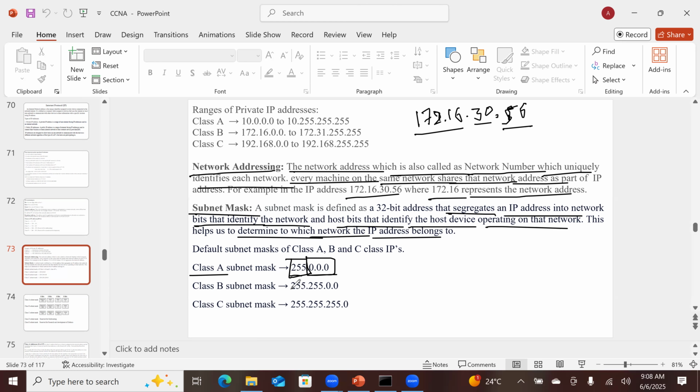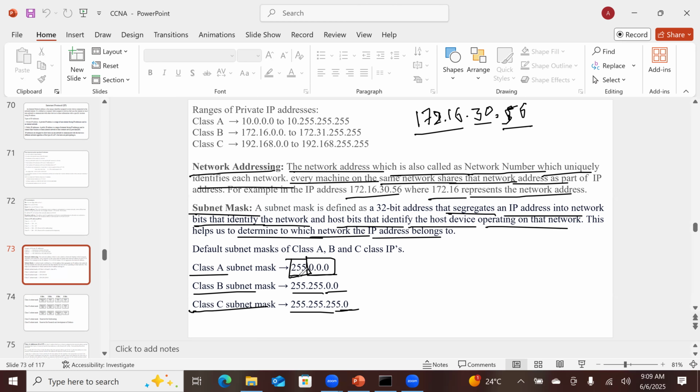In class B, the default subnet mask is 255.255.0.0, where the first two octets belong to the network and the remaining two belong to the host. Class C subnet mask is 255.255.255.0, where the first three belong to the network and only the last octet belongs to the host.